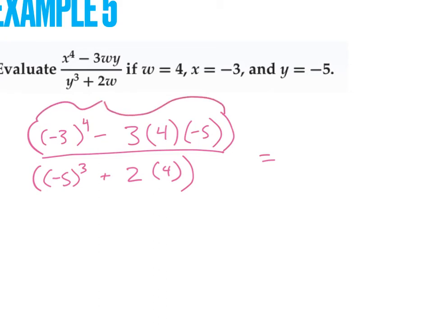So we start with our exponent. I'm going to do it up top here. So we have negative 3 to the 4th power, which is like saying negative 3 times negative 3 times negative 3 times negative 3.